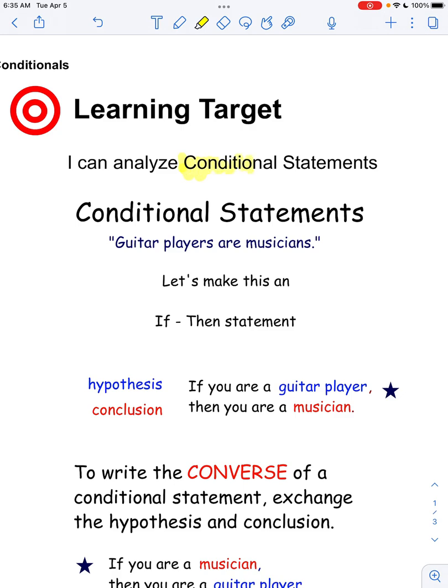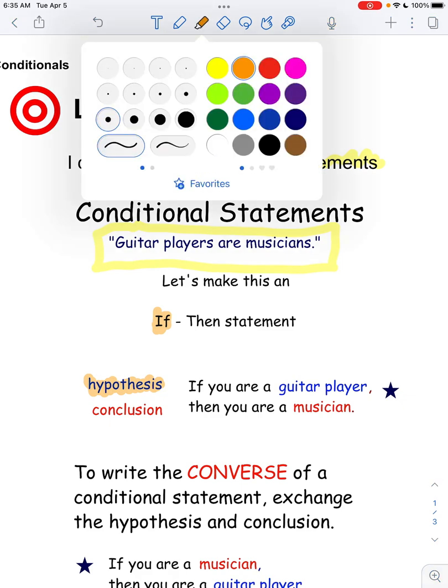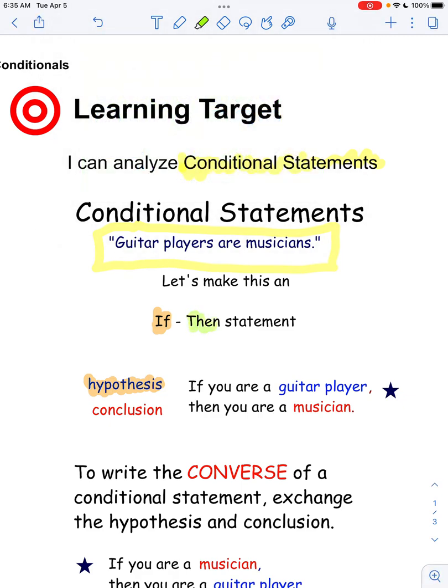So if we look at this conditional statement, what that means is that a conditional statement is basically like a statement. Like right here, we have guitar players are musicians. But we like to turn this into if, then statements. So if corresponds to our hypothesis, and then the then corresponds to the conclusion.